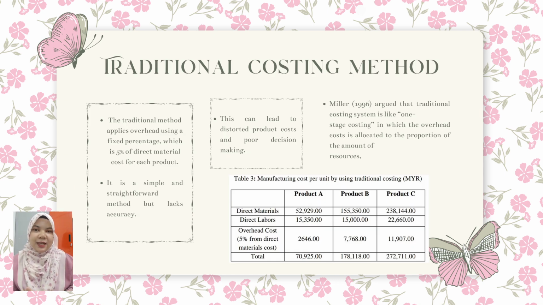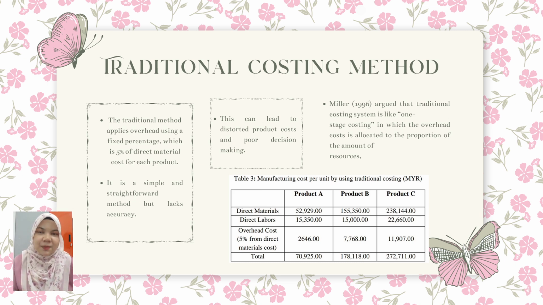In traditional costing, overhead is applied by using a fixed percentage. In this company, it is 5% of direct material cost for each product. It is a simple and easy method, but it is not very accurate. This method can cause wrong product costs and lead to bad decisions. Miller in 1996 said that traditional costing is like one-stage costing because overhead costs are just divided based on resources without looking at real activities.